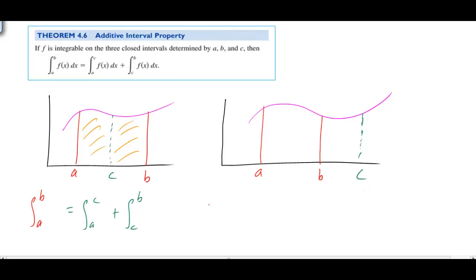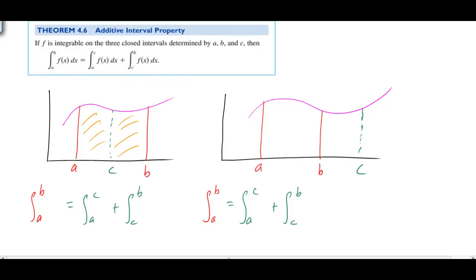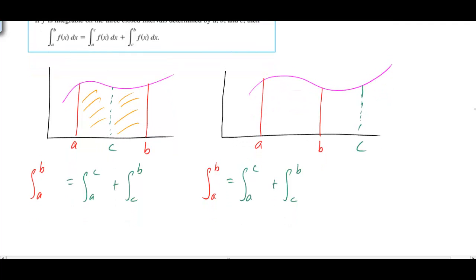Is it still true in this case that the integral from a to b is equal to the integral from a to c plus the integral from c to b? Now you may want to pause the video and see if you can figure this out. Does this make sense based on this property up here above? a to b, does that equal a to c plus c to b?